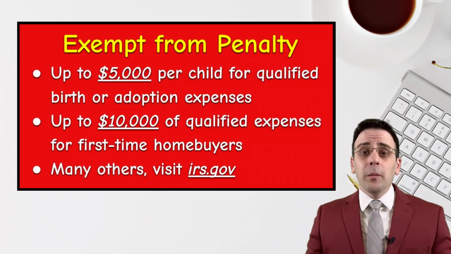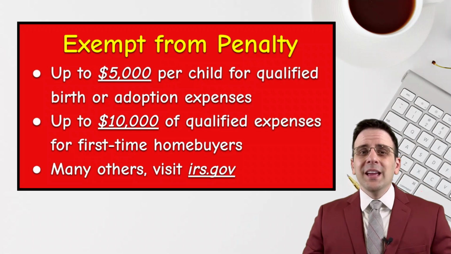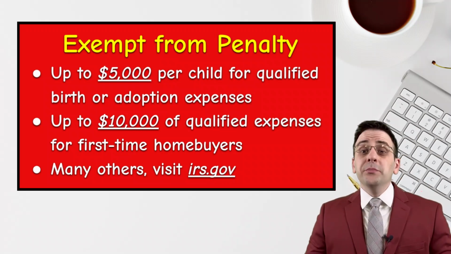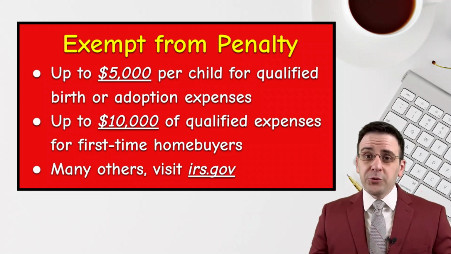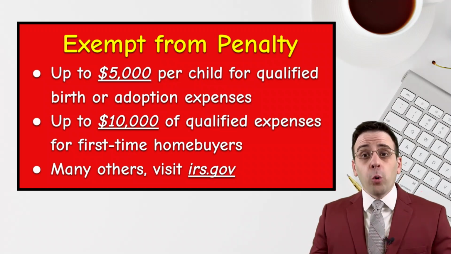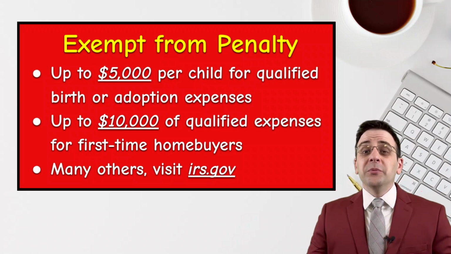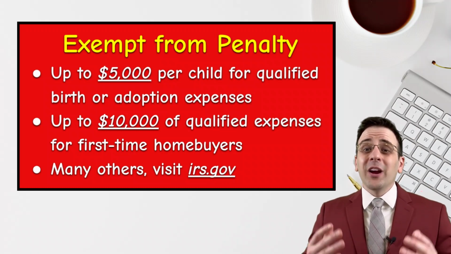There are a number of exceptions that can exempt you from paying the additional 10% penalty tax. Some notable exceptions include allowing for a withdrawal of up to $5,000 per child for qualified birth or adoption expenses, up to $10,000 for qualified first-time home buyers, qualified higher education expenses, and many others.